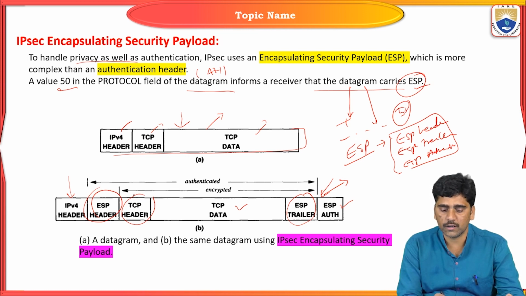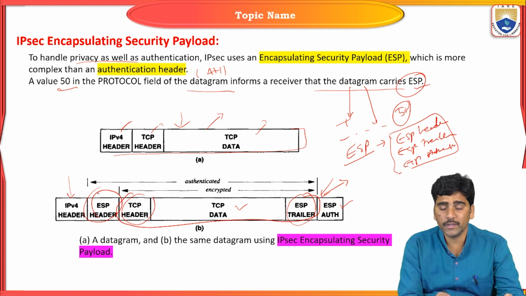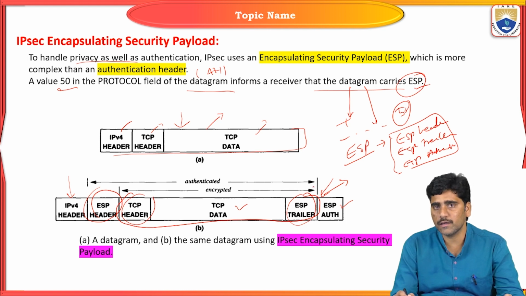From the TCP header to the ESP trailer, it is an encrypted format. And from the ESP header to the ESP trailer, it is an authenticated format.